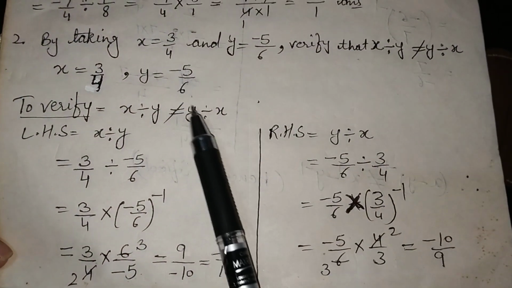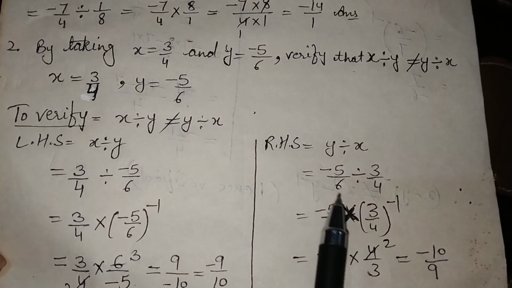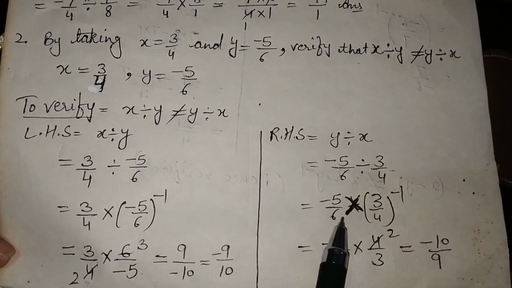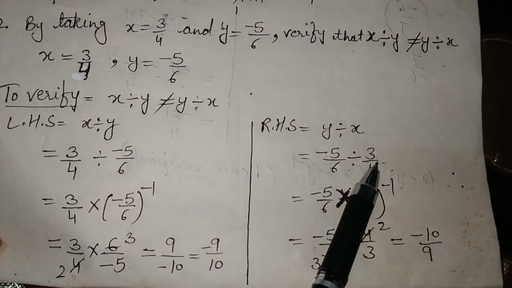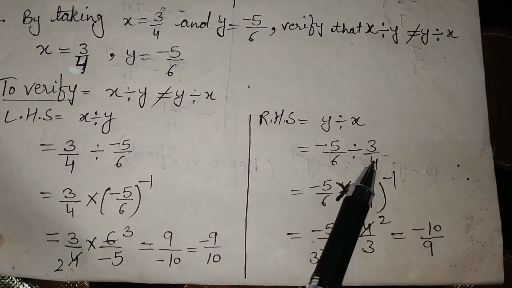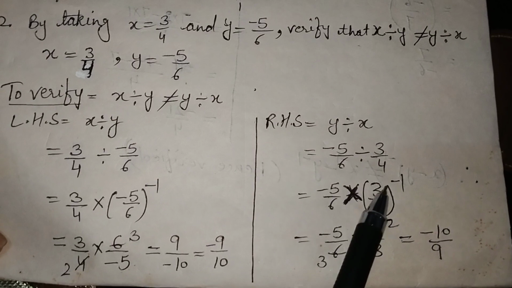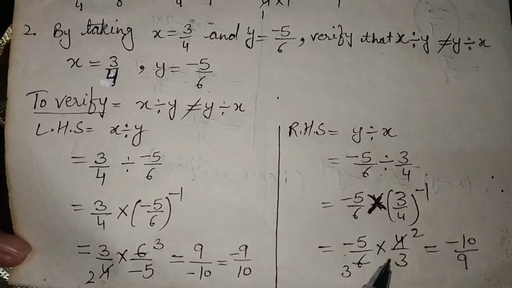Same, now we will take RHS, y divided by x. We will write the values of y and x. Same, in place of division, we will write the multiplication sign and the reciprocal of this. For 3 upon 4, we can write the power minus 1, or directly we can write the reciprocal of it.